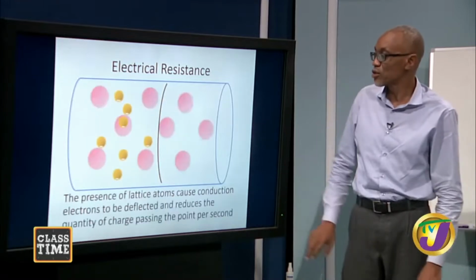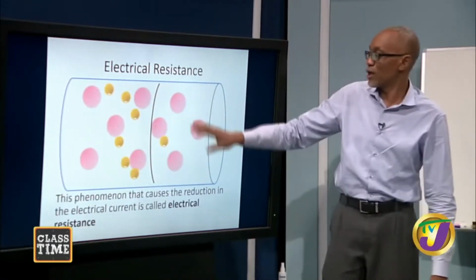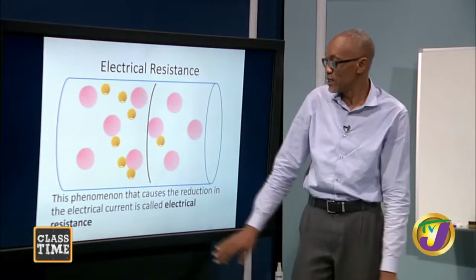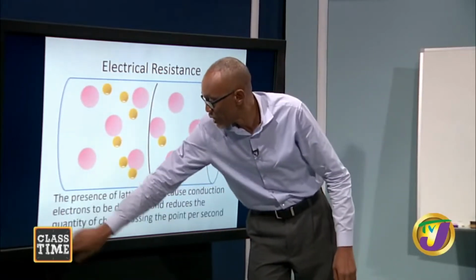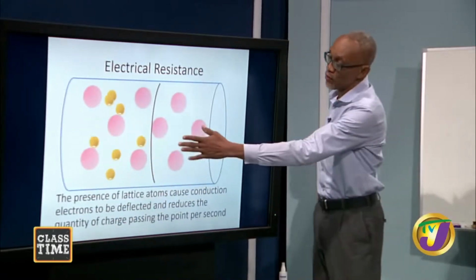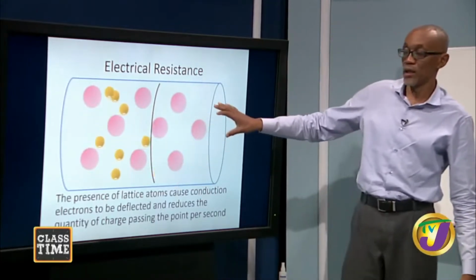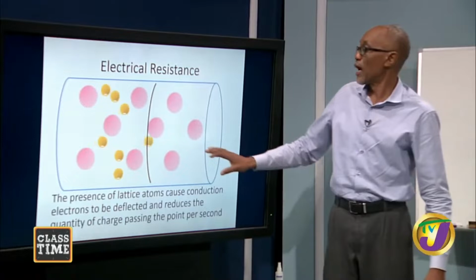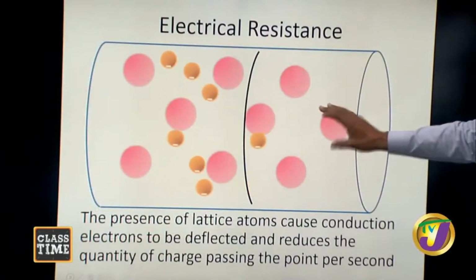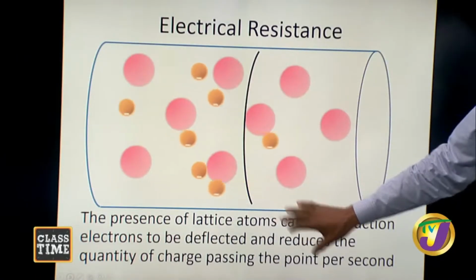But in a real situation, these are called lattice atoms, and the electrons flow, but some of them bounce off the lattice atoms, and not as many of them flow past that particular point.